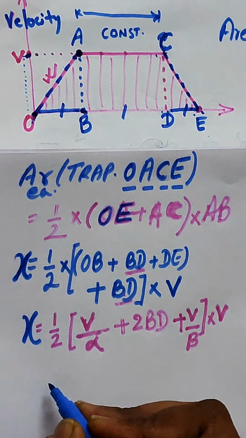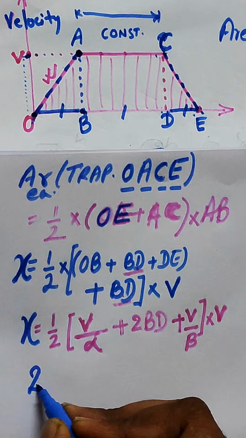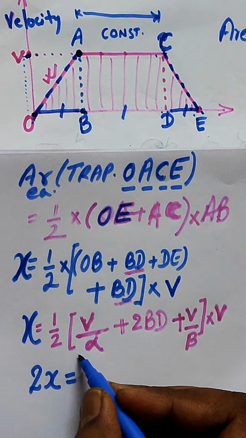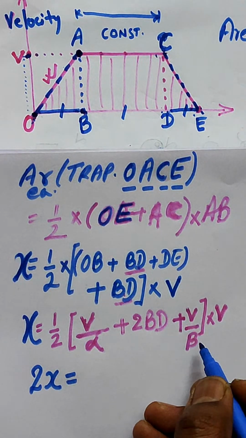So this will give you 2X is equal to V by alpha plus 2BD plus V by beta.